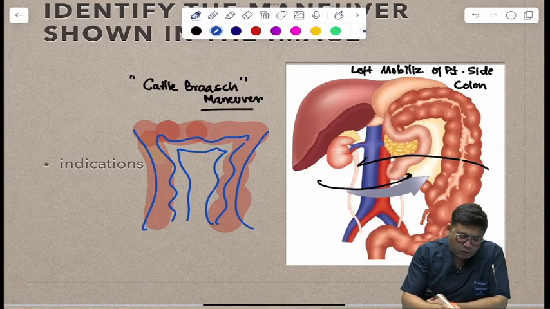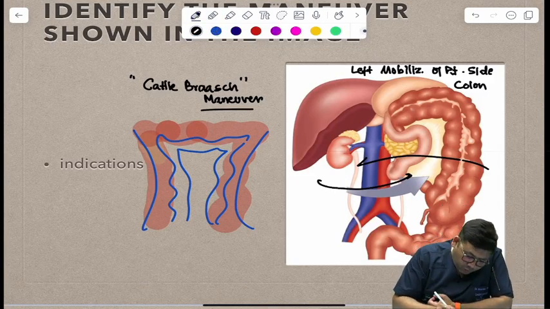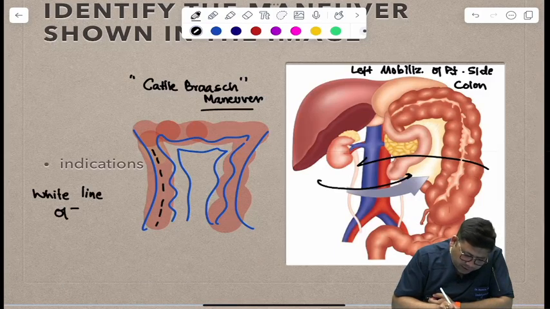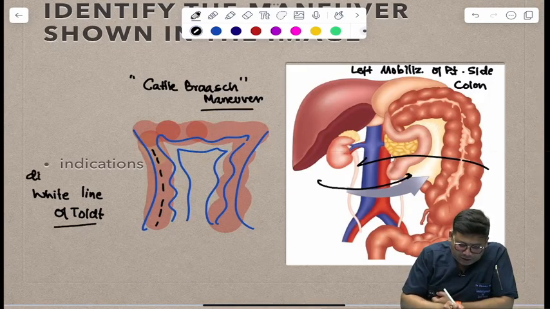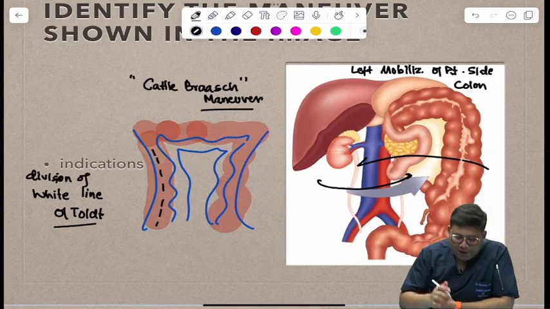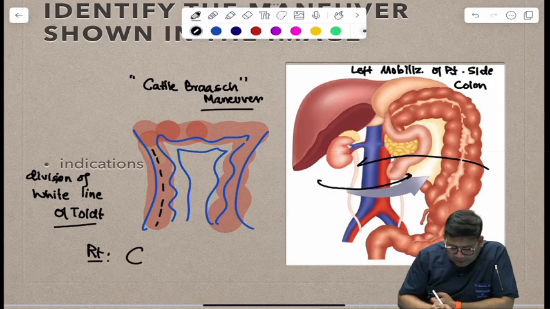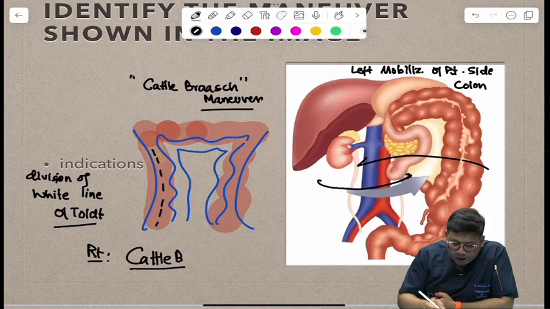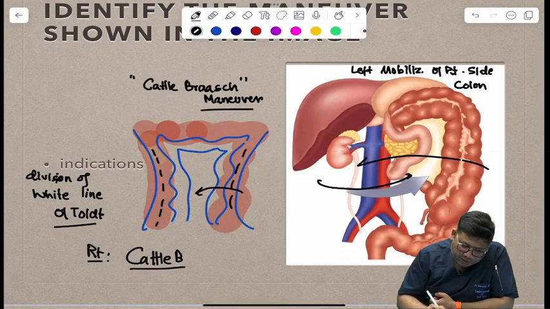So if I want to go into the retroperitoneum, I will have to divide these peritoneal folds, the fold of Toldt, which is known as the white line of Toldt. So if I divide the white line of Toldt on the right, this is known as the Cattell-Braasch maneuver. If I do the same on the left side to enter the left retroperitoneum, this will be known as Mattox. Is that clear or no?